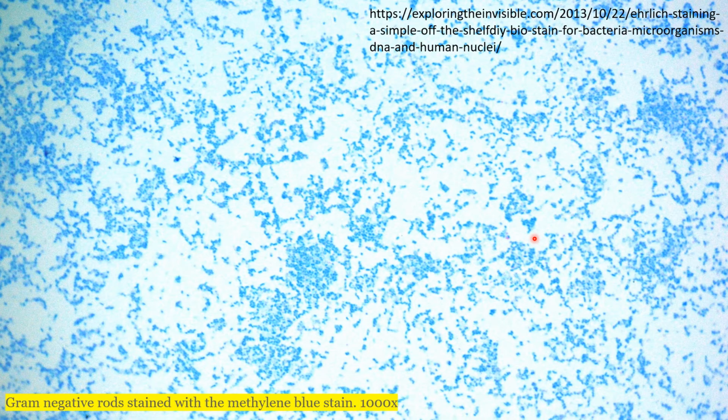If we further magnify, it's kind of a rod structure, but still kind of difficult. But as you can see, it's longer, so that's why it's rod in shape. I don't see any arrangement of bacteria here, so I think these are just solitary bacillus.